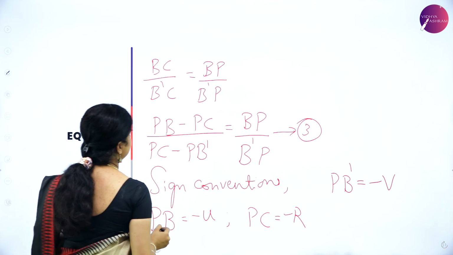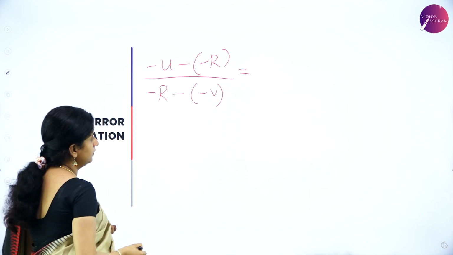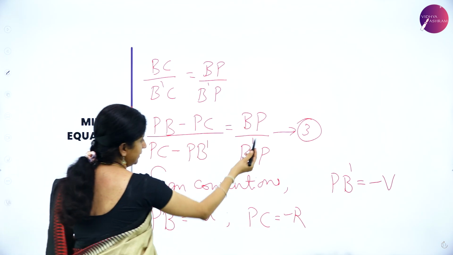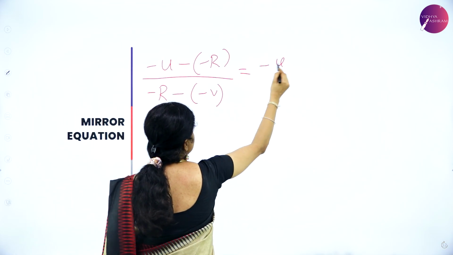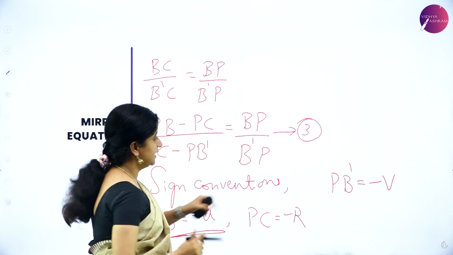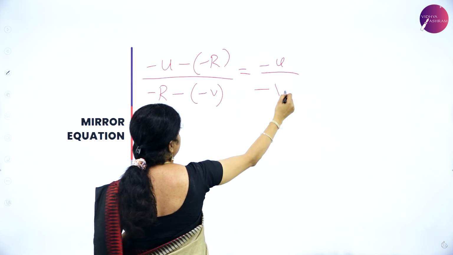PB dash is minus V. So, we get minus of minus V, which is equal to, here BP or PB, which is nothing but minus U. So, we get minus U divided by B dash P, that is nothing but PB dash, which is minus V. So, we get minus V.